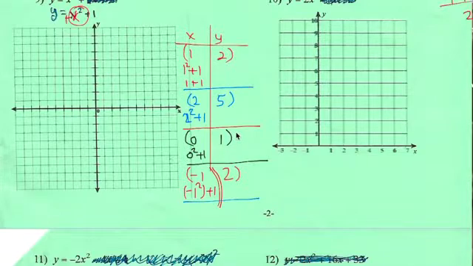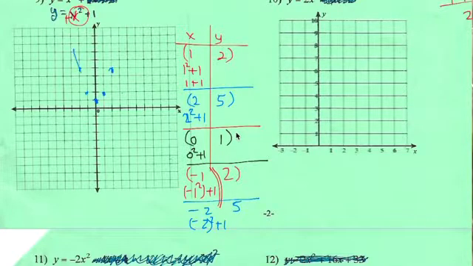Next one, if you put negative 2 squared is 4, add 1 is 5. So 1, 2, 2, 5, 0, 1, negative 1, 2, and negative 2, 5.